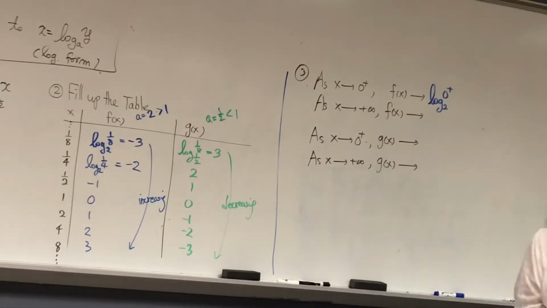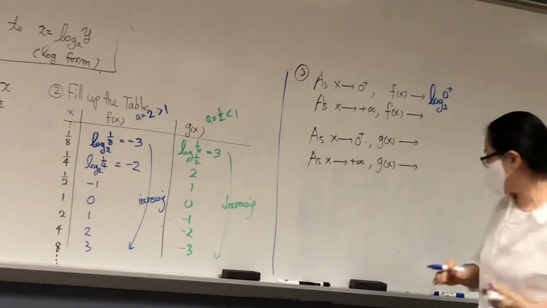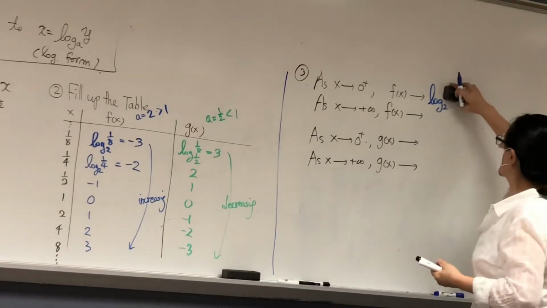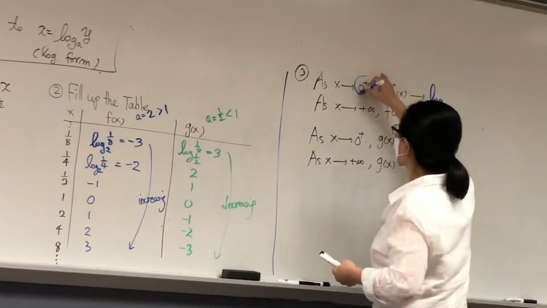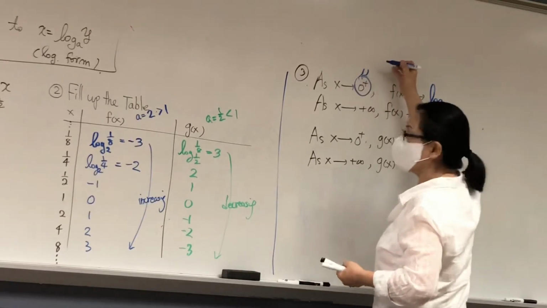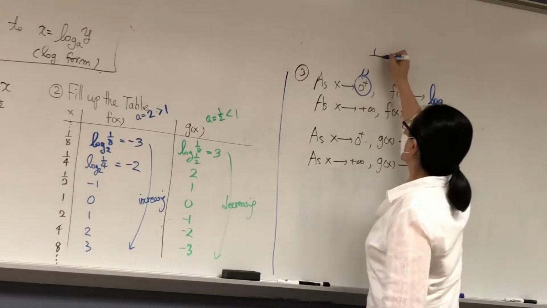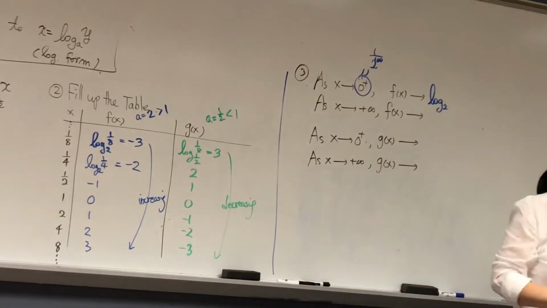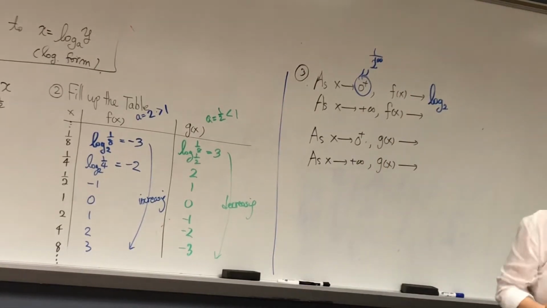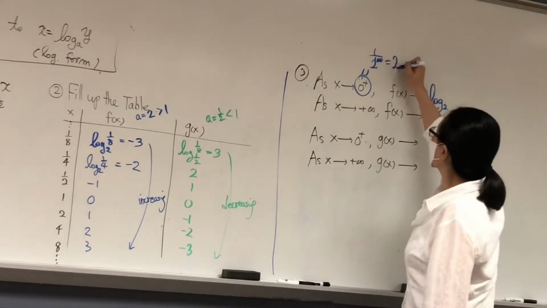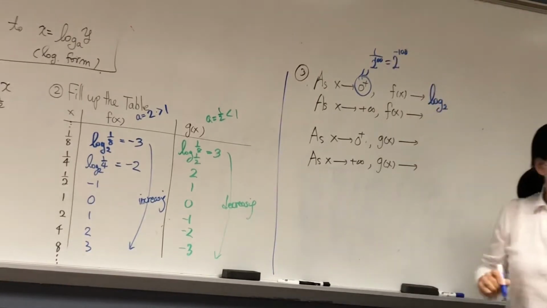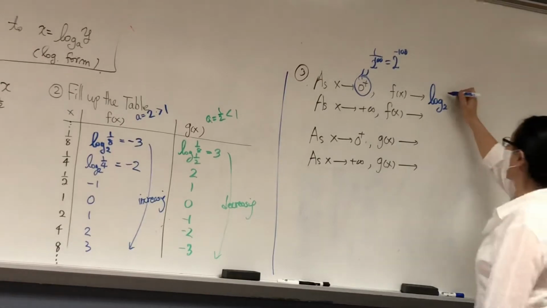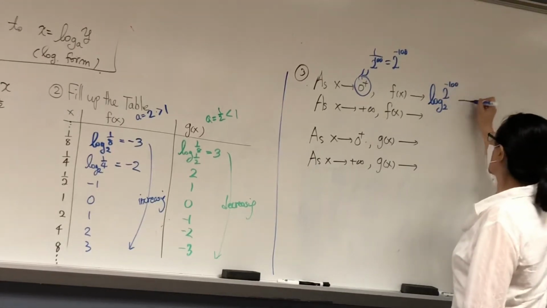Actually, 0 plus is very bad, so you had better choose some very small number. For 0 plus, I want to choose approximately, let's say, 1 over 2 to the 100. That's very small, am I right? So this is 2 to the negative 100. Where does it go?